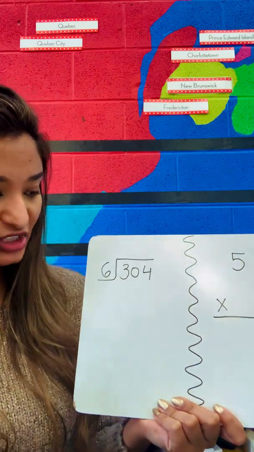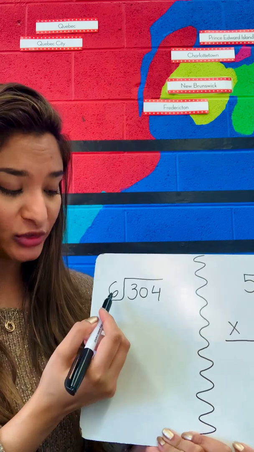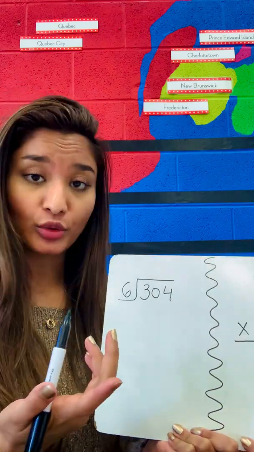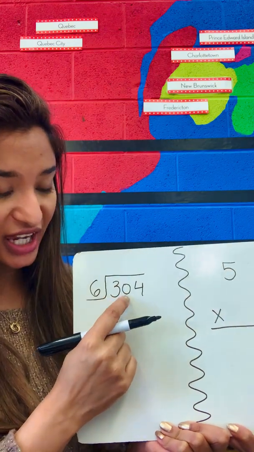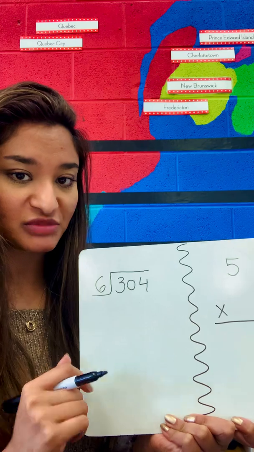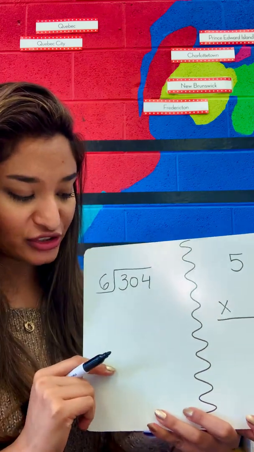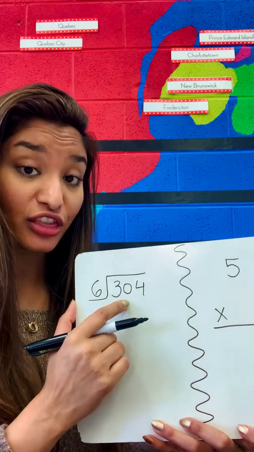Okay, so let's ask ourselves, is 3 big enough for me to divide it by 6? No, it's not. So therefore, I have to combine my 3 and my 0, which gives me a 30, right? So it becomes 30. Now let's ask ourselves, in the 6 times table, how many 6s would make 30?